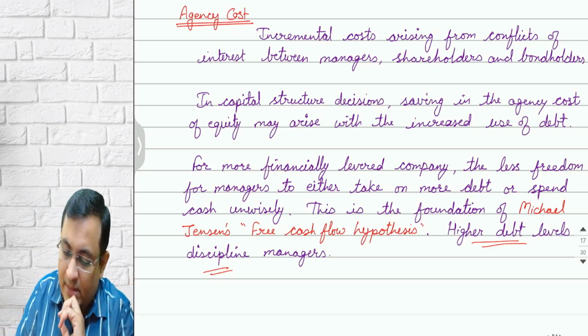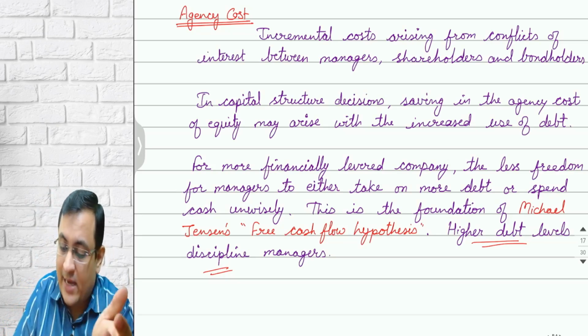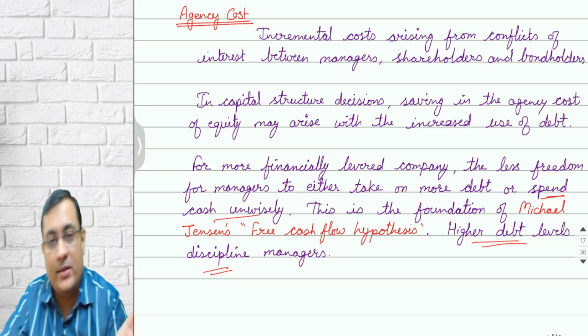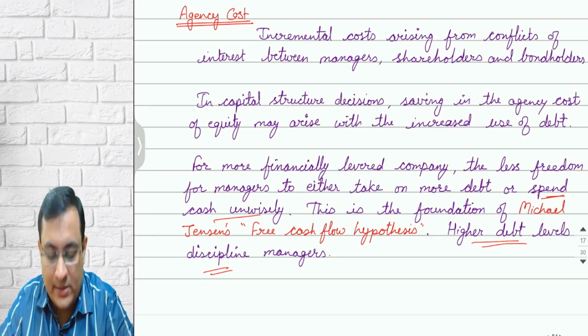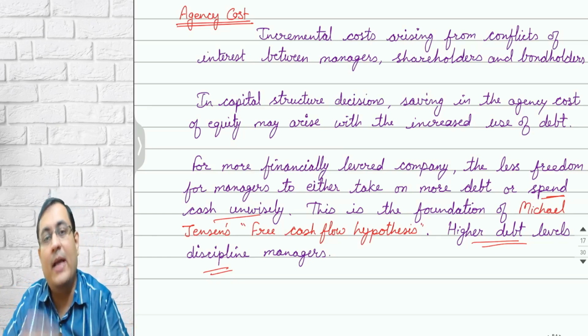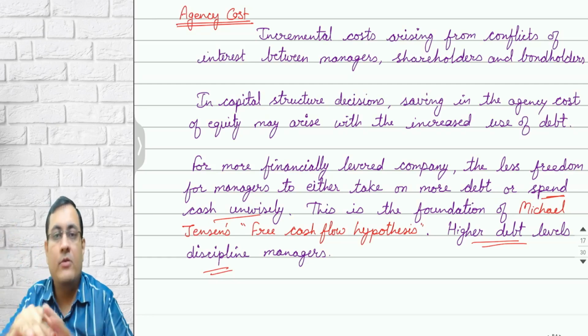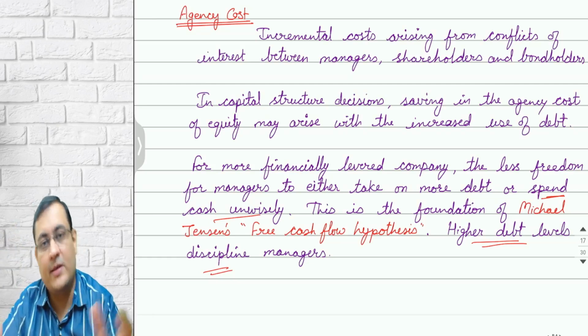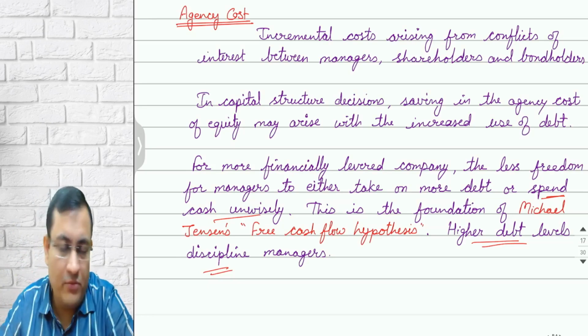With more debt, they will have less cash to spend unwisely. In the professional world, no one is going to spend unwisely, but still they are saying that as you increase the debt, there will always be a thought that we have to pay interest, so we should save and not spend unnecessarily. So that is the free cash flow hypothesis given by Michael Jensen.